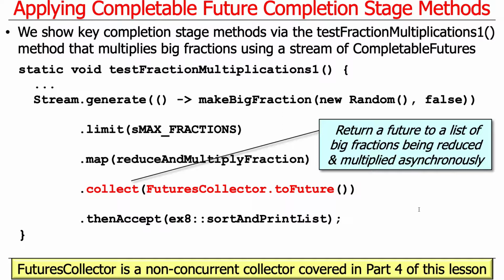So this is basically going to allow us to do sort of a reactive mechanism to be notified when everything else is finished. So we basically are reducing all these completable futures into a single completable future. And we'll see this futures collector to future thing that we use to do all this.